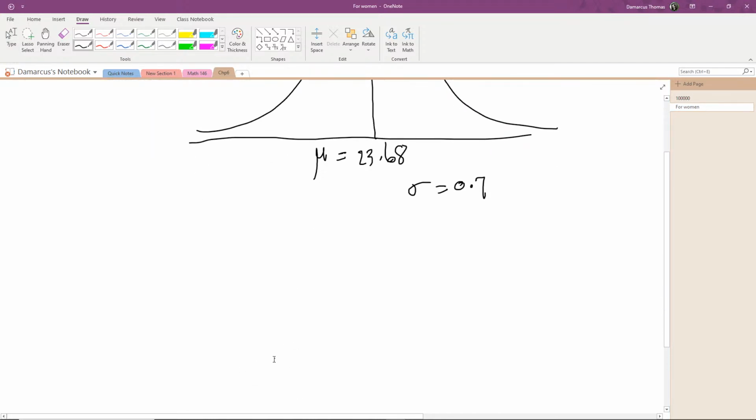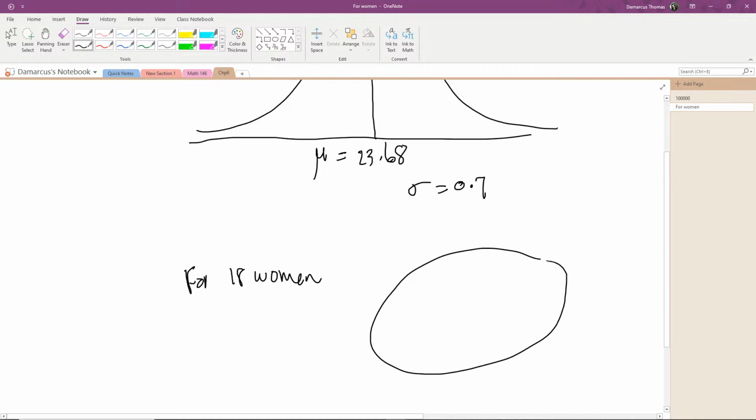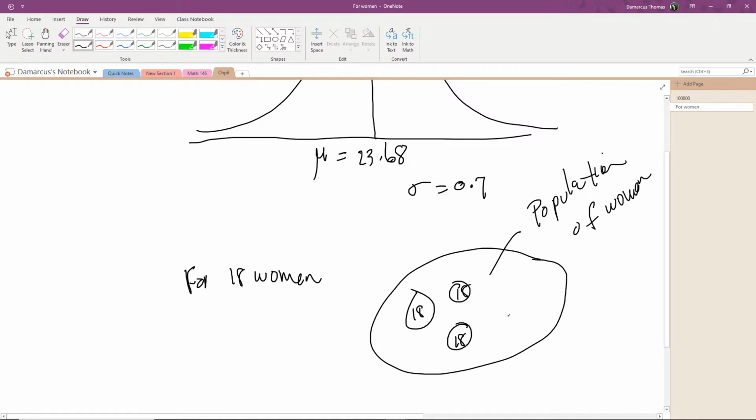So for 18 women, what we have to do is we look at the population of women, and then we choose a sample of 18 and another sample of 18 and another sample of 18 and another sample of 18 and another sample of 18.